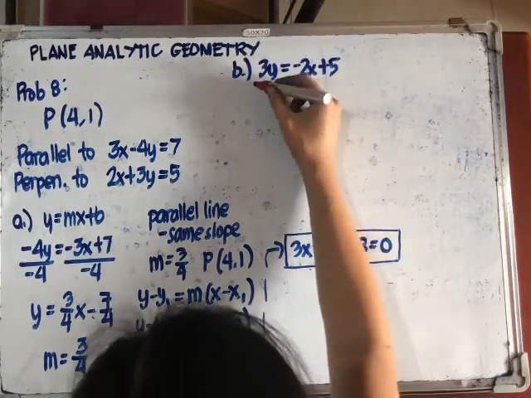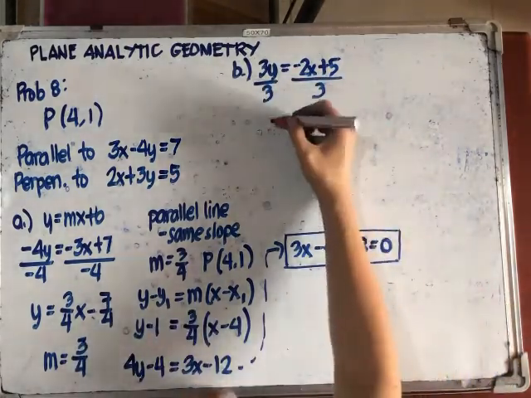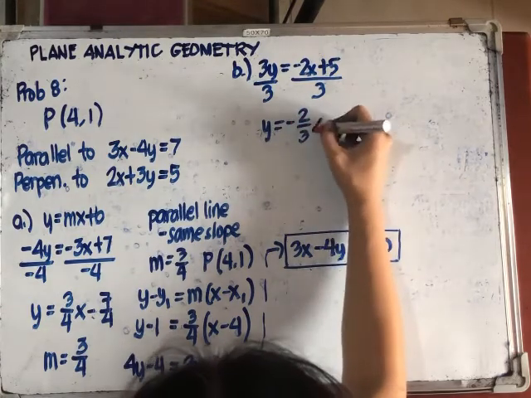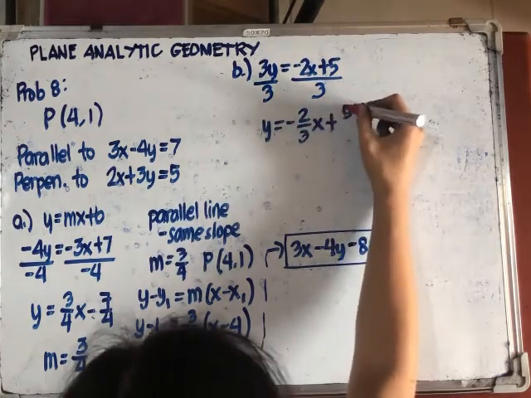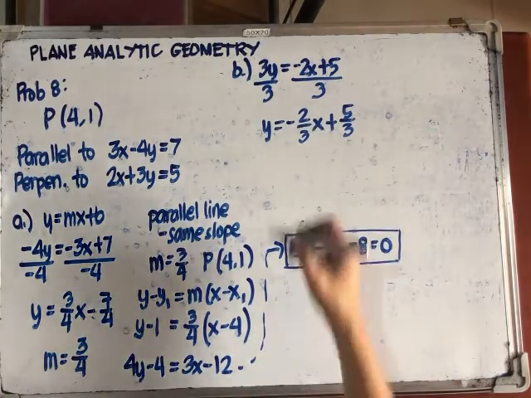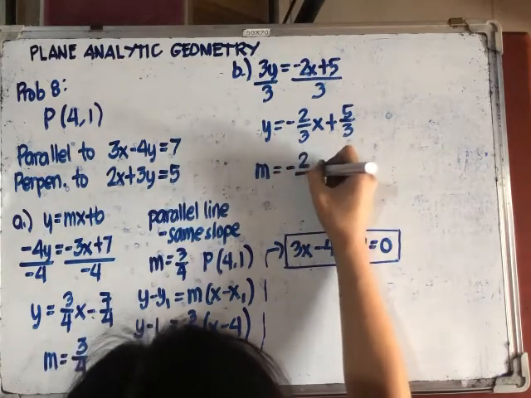Dividing both sides by 3 to eliminate the numerical coefficient, we have y is equal to negative 2/3 x plus 5/3. So that's it. The slope of this line is negative 2/3.